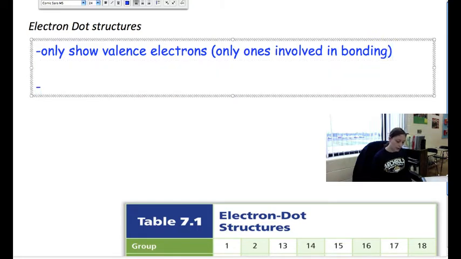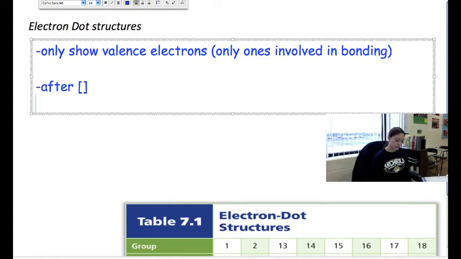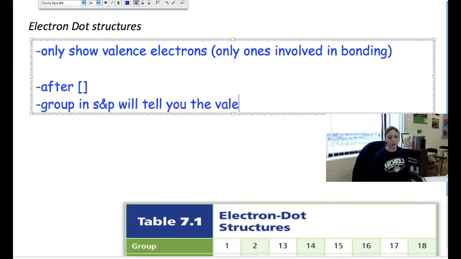And just like we were looking at, they are after whatever is in brackets. Those are the valence electrons. The group in S and P tell you the valence electron number.